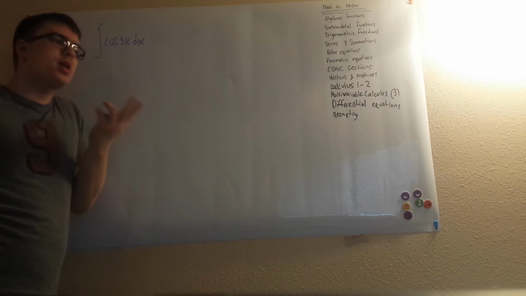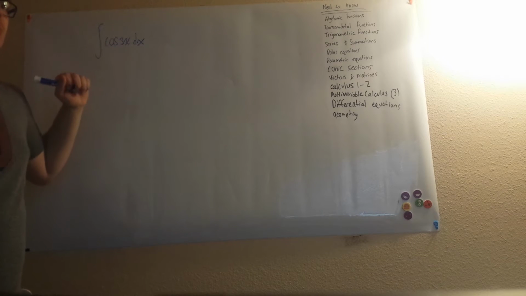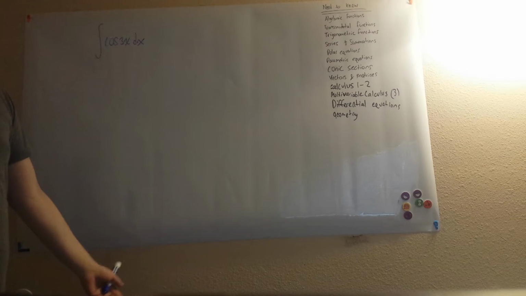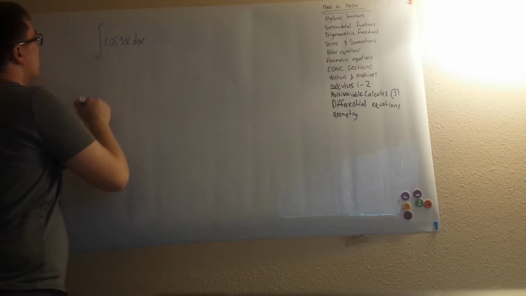We cannot do that right now because it doesn't fit our forms. Sure, it's a trig function, but it's not cosine of x. So we can't do that. Now I'm going to add something special here, and you'll see why.